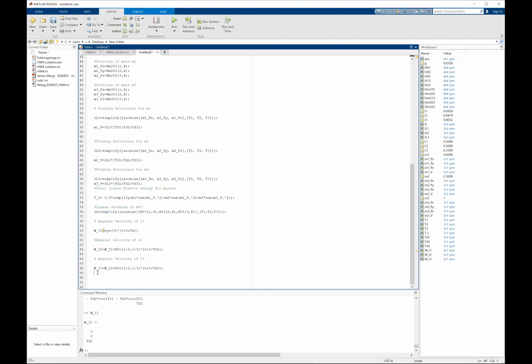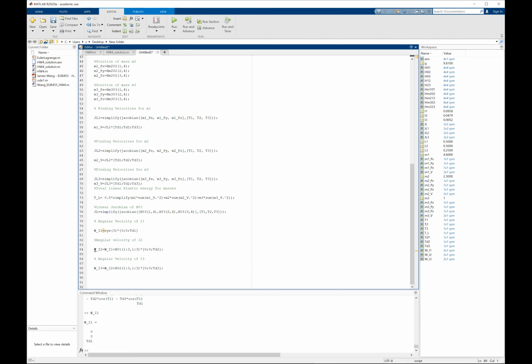Now let me answer Borna's question. Think about it like this. Link number 2 is not attached to ground. Link number 2 is attached to link number 1, which means the angular velocity of link number 1 will get added to the angular velocity of link number 2.